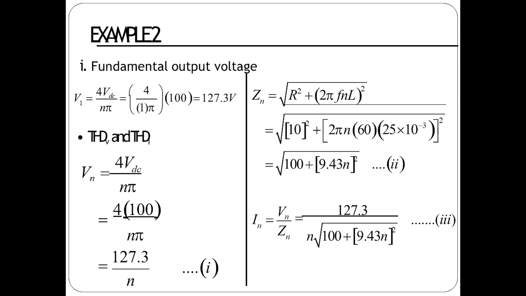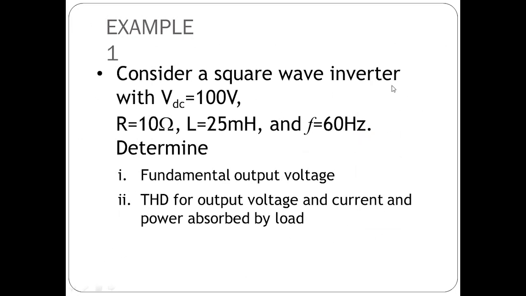the particular output voltage. The impedance can be calculated by Zn equal to the square root of R squared plus (2 pi n F L) squared. R is given, that is 10 ohms, and 2 pi n, F and L are given separately: F is 60 Hz. It is mentioned here, it is 60 Hz, not 50 Hz.